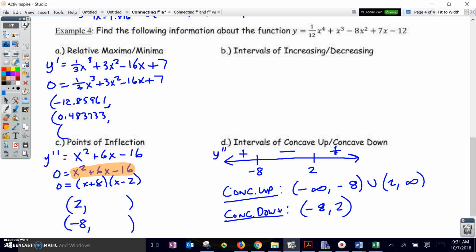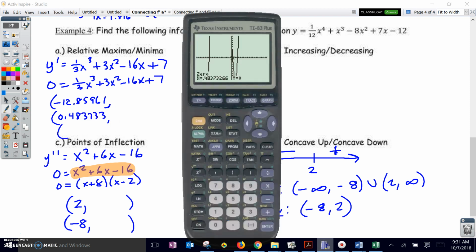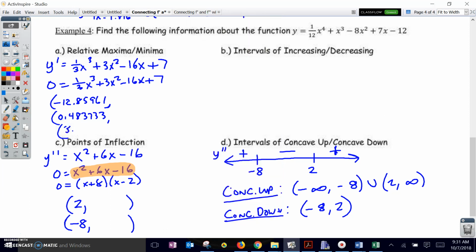And I'm keeping all those digits just so that I have them for the calculation for the y coordinates later on. And 3.375874. All right, and we'll find all those y coordinates in a moment.